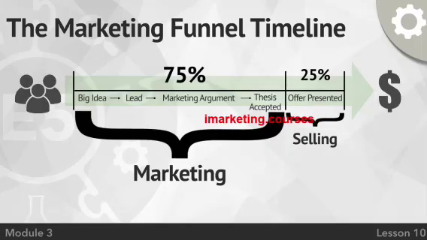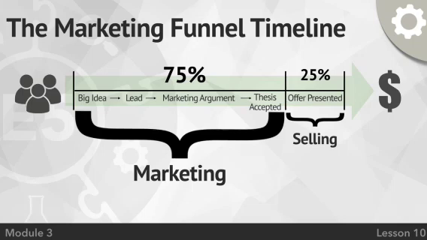The 75%, which is our marketing, consists of 3 of the 4 main message elements, right? We've got the big idea, which is what intrigues your prospect. We've got the lead, which is what sucks the prospect in and creates that deeper level of engagement.